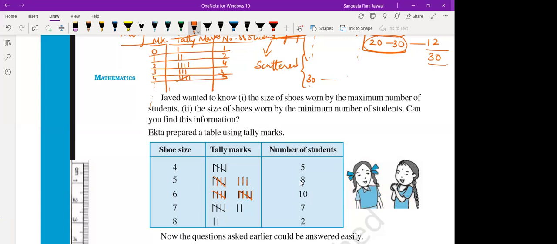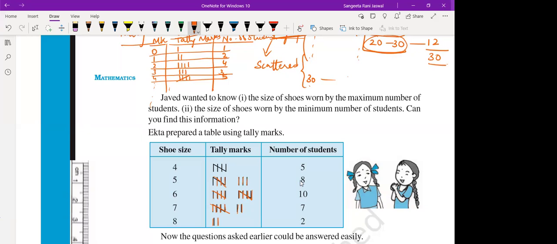Children, are you understanding? Tell me if you are understanding. Now see, 7 again you will write as 1, 2, 3, 4, 5, 6, 7. And 2 you will write as 2 vertical bars. You understood this?